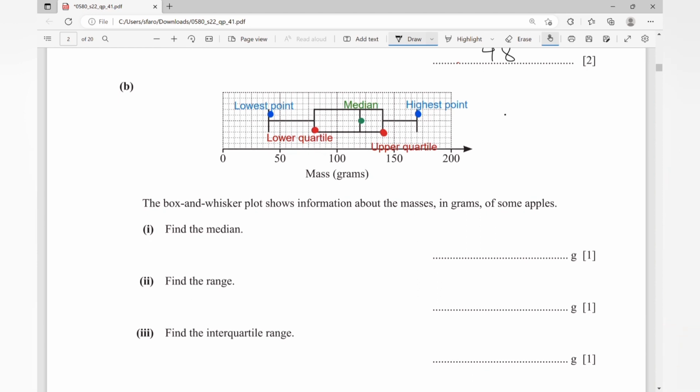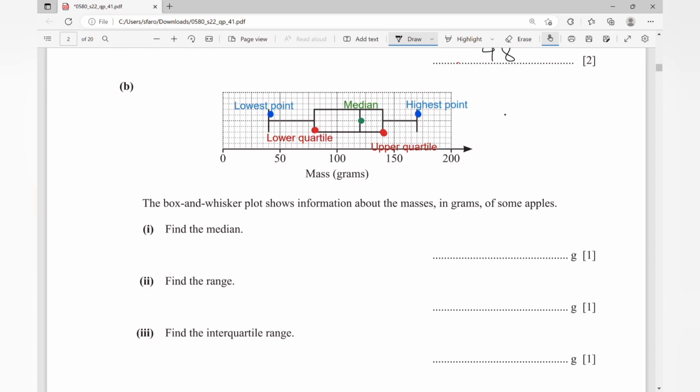Okay, so in part B, it says a box and whisker plot shows information about the masses in grams of some apples. Okay, so in a box and whisker diagram, I've marked what the lowest point is, what the highest point is, what the upper and lower quartile are, and what the median is.